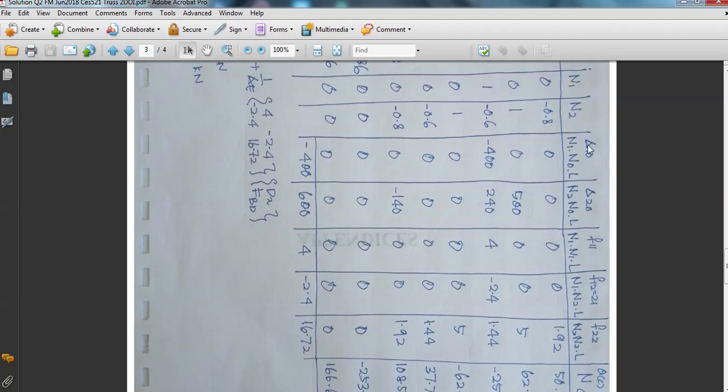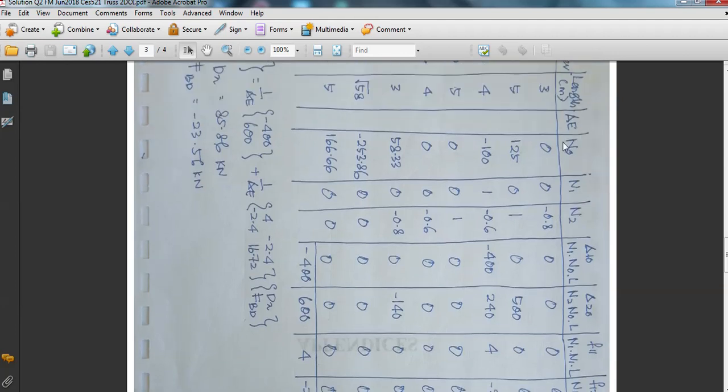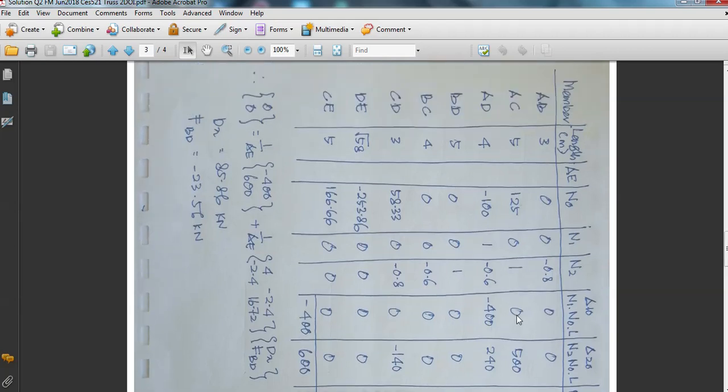They have a formula for how to calculate the displacements 10, 20, 11, 12, 21, and 22. The equation is n1 multiplied by n0 multiplied by L. You have n1 here, n0 here, and L here. You just multiply n1, n0, and L; because they have zero value, that's why 0 here.